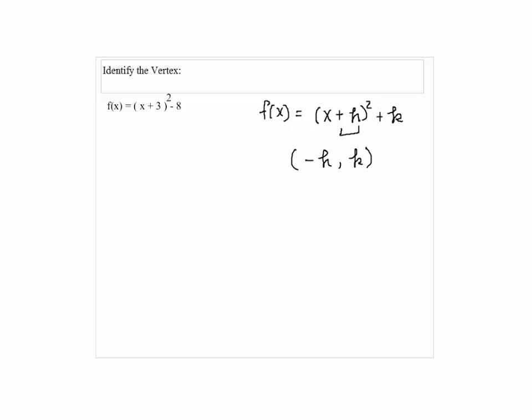So here we have positive 3, so the answer will be negative 3 for the x-coordinate and negative 8 for k. So the answer is negative 3 comma negative 8.